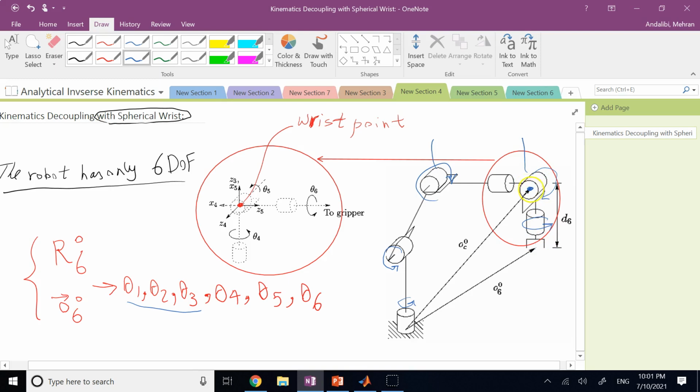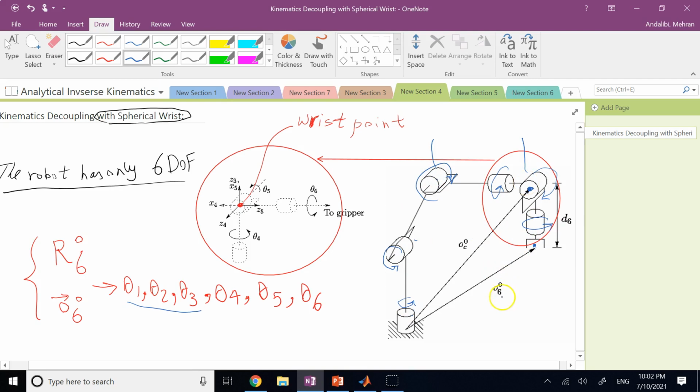So if I focus only on the wrist point, not on the end effector, then the position of the wrist point is only affected by theta 1, 2, and 3. Even theta 4 is not going to affect it. It's just going to spin this axis. So while all of the angles except for theta 6 are going to affect the position of the end effector, only the first 3 are going to affect the location of the wrist point.